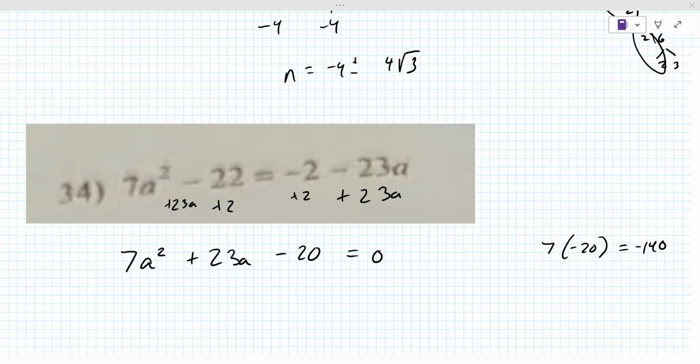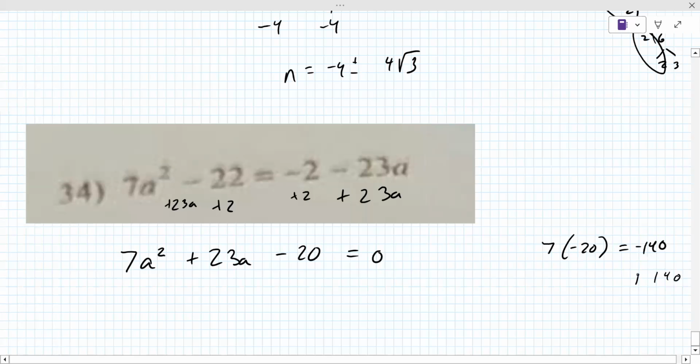This one does factor. So this is where you have to do all the factors. 1 and 140, 2 and 70, 3 does not work. 4 works though, 4 and 35.